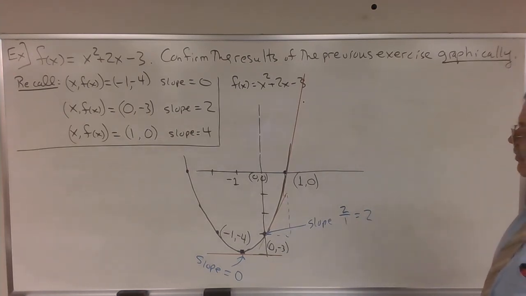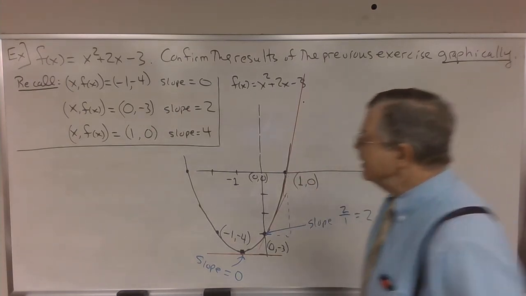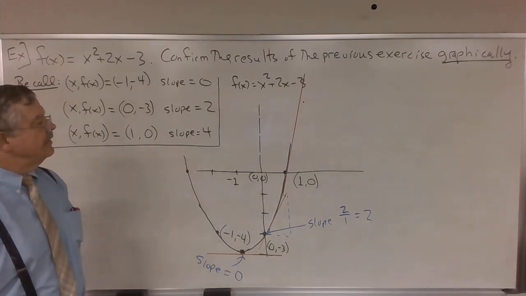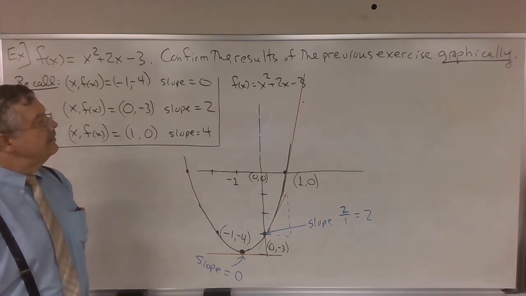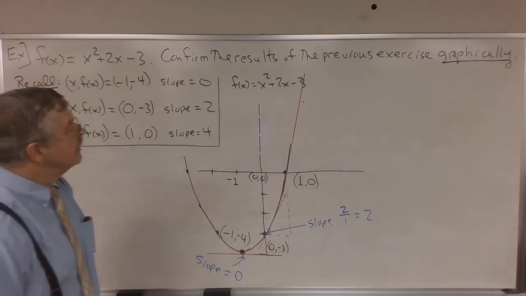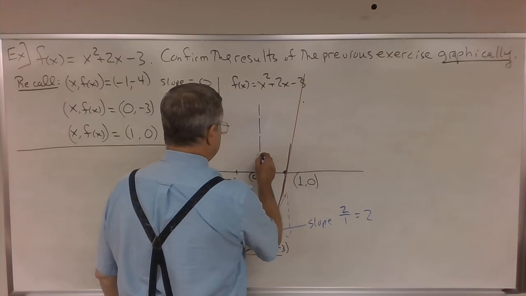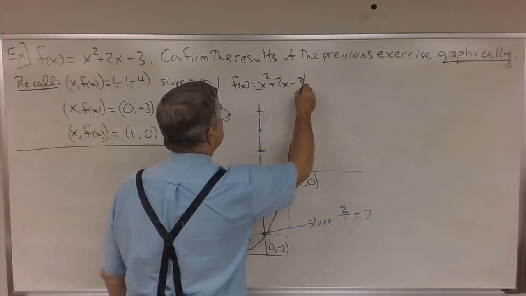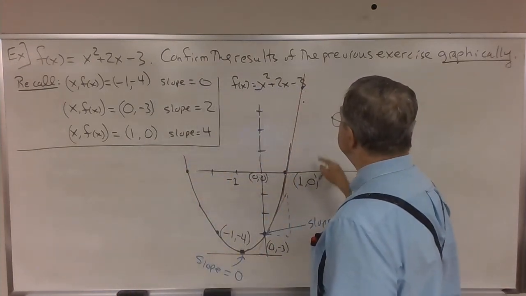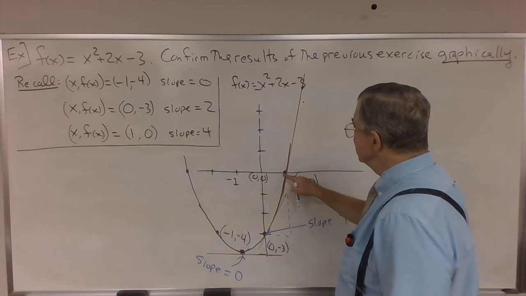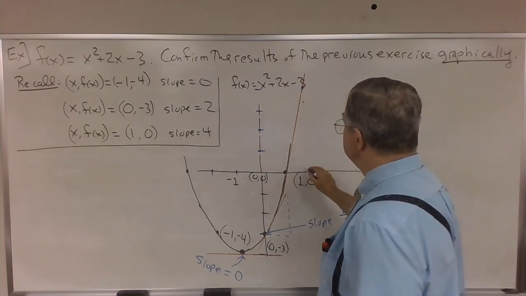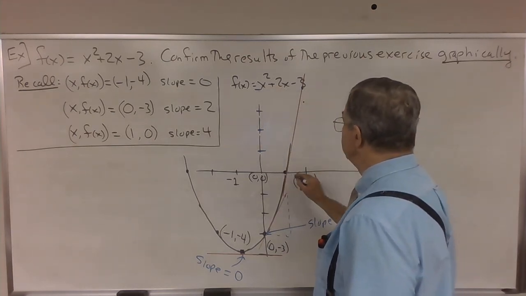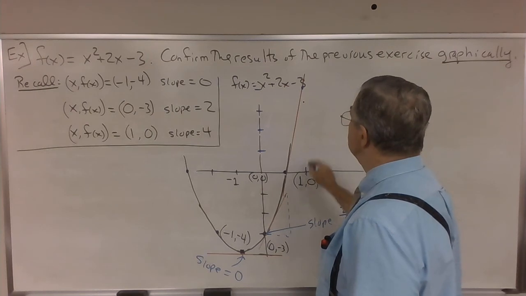And then one more point. At 1, 0, in our previous example, the derivative said the slope is 4. Well, let's see, how are we going to do that now? So we pick a point on the tangent here, pick a point on the tangent here, and we go up 1, 2, 3, 4 units, and we go over approximately 1 unit.